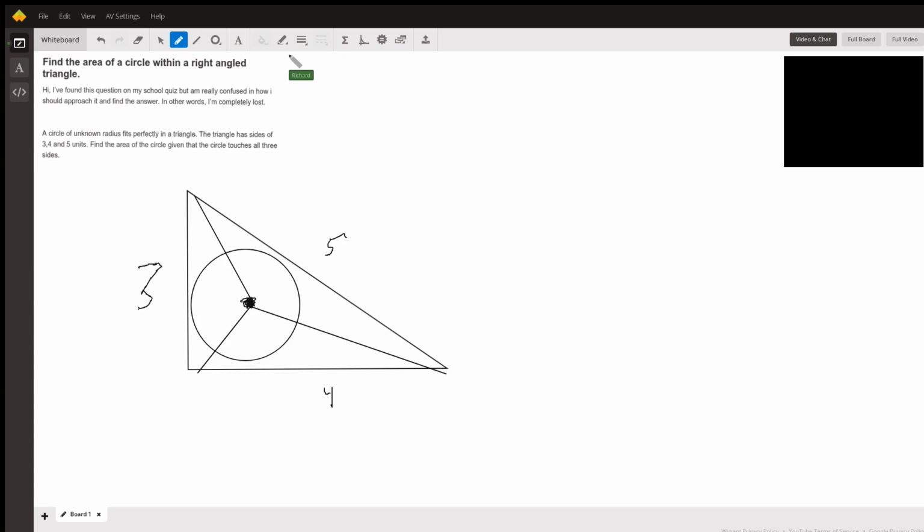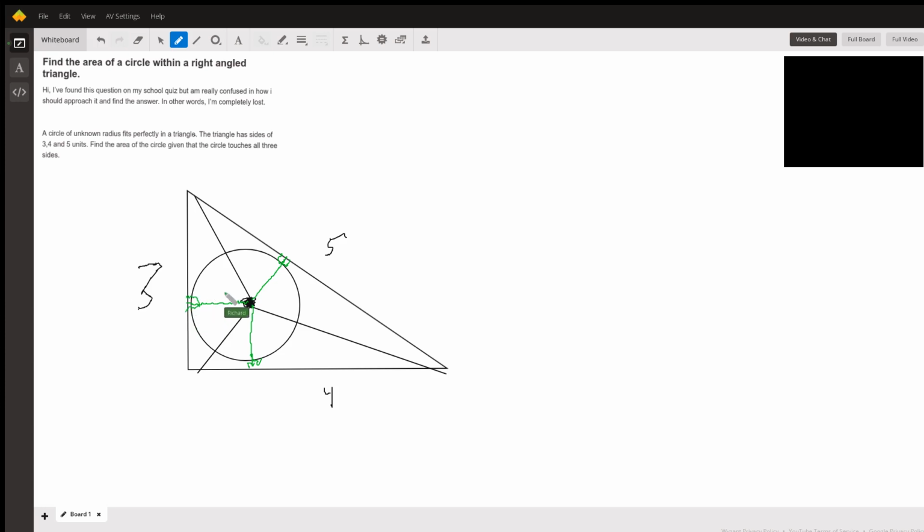A property that we are going to use here is if you drop the perpendicular like that, you can drop a perpendicular from the incenter.